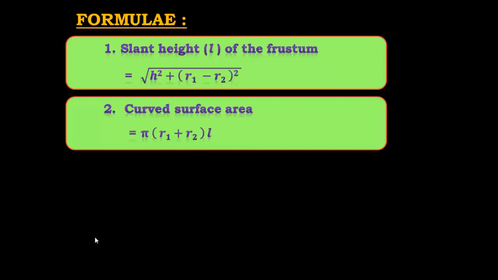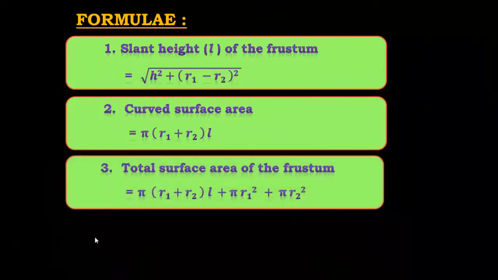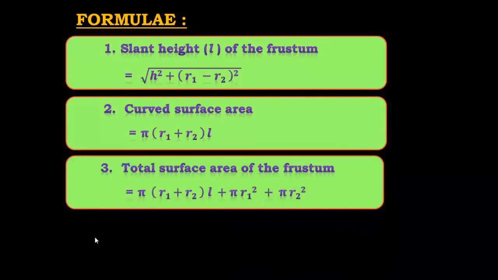And what is the area of a circle? Pi r square. For the base, pi r1 square, and for the upper surface, pi r2 square. So total area of the frustum of a cone is equal to pi (r1 plus r2) into L plus pi r1 square plus pi r2 square.